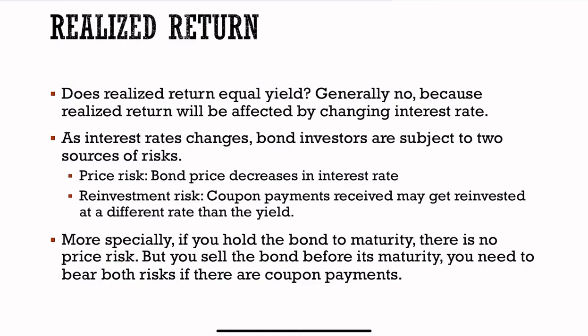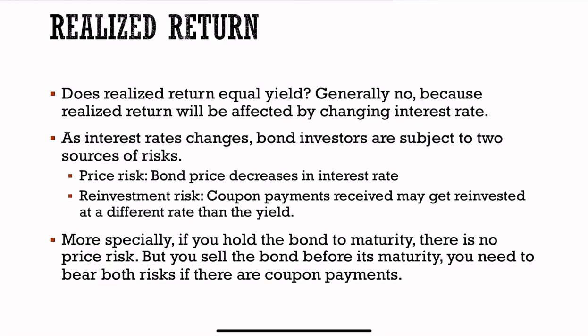Let's say this bond pays you coupon payments every 6 months. So you can imagine that during the 5 years of investment horizon, you will get 10 coupon payments. Every time you get cash, you have to think about how would I invest my coupon payments, right?